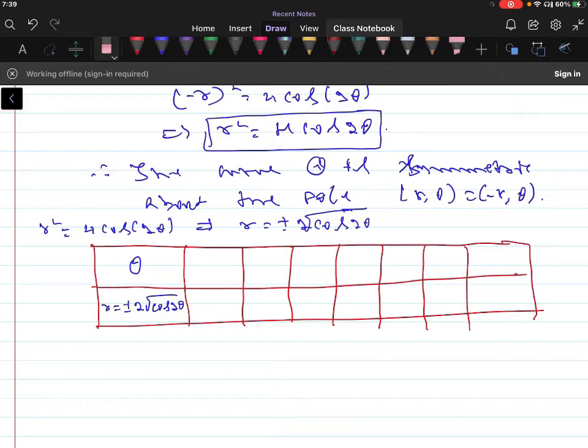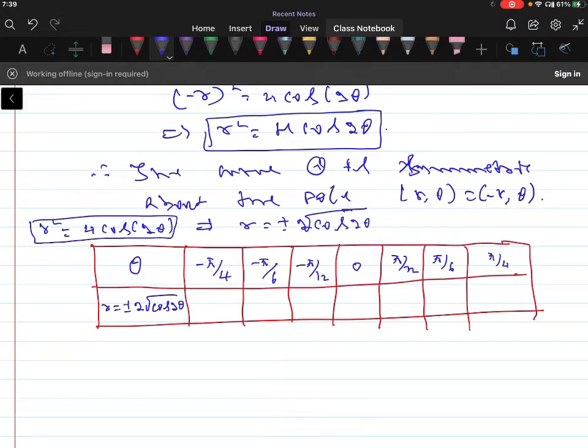So let us take theta equal to minus pi by 4, that is minus 45 degrees, then minus pi by 12, then 0, then pi by 12, pi by 6, and then plus pi by 4. You know that r square is equal to 4 cos 2 theta, so this can be written as r is equal to 2 times the square root of cos 2 theta. So let us take r is equal to plus or minus 2 square root of cos 2 theta.